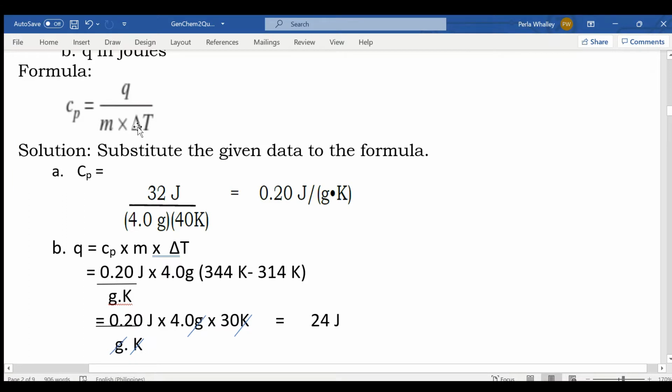So Q is equal to Cp times m times delta T. So Q is equal to 0.20 joules per gram times Kelvin, times the mass, which is 4.0 grams, times the delta T, which is equal to 30 Kelvin. Grams and grams cancel, Kelvin and Kelvin cancel, and the answer is 24 joules.